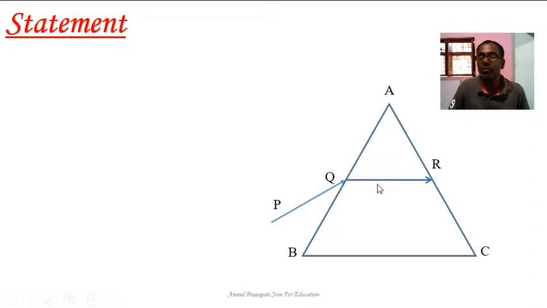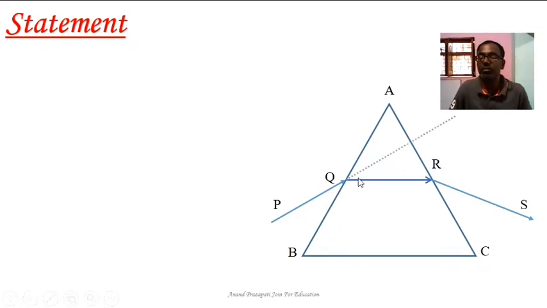In case of minimum deviation, QR will be parallel to the base of the prism. RS is the emergent ray. In this figure, PQ is in air, QR is in glass and RS is again in air.